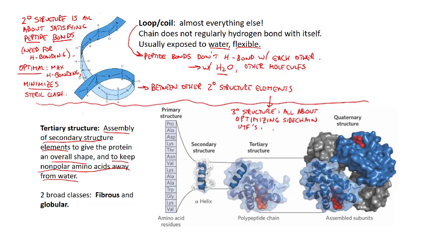And by side chain intermolecular forces, I could mean hydrogen bonding with water. I could mean nonpolar side chains being kept out of water, and positive and negative charged side chains interacting with each other by ion-ion interactions.